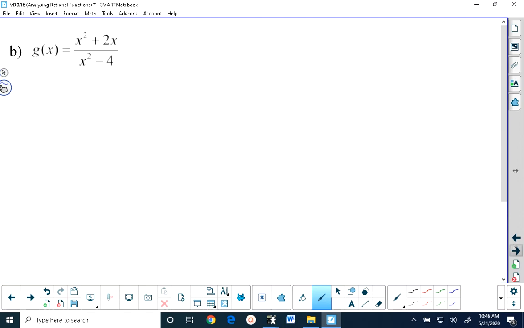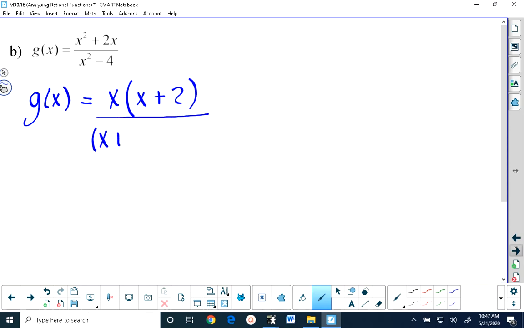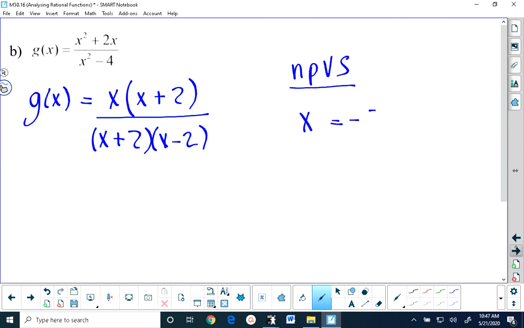For the second one, g of x, we factor everything completely. I can factor a common factor of x out of the numerator. The denominator is a difference of squares. We can see that there are non-permissible values here of x equals negative 2 and of x equals positive 2 because of the two factors in the denominator.